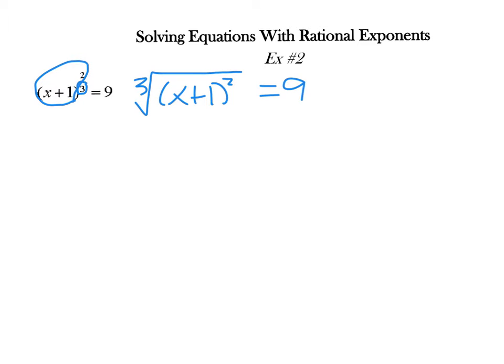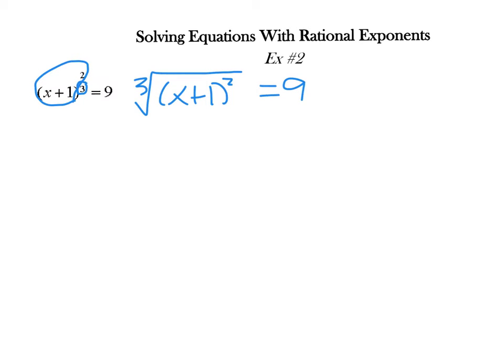Okay, in this scenario, we have (x plus 1) to the 2/3. So remember, the denominator is going to be the index. So we have the cube root of x plus 1 squared. And that should equal 9.